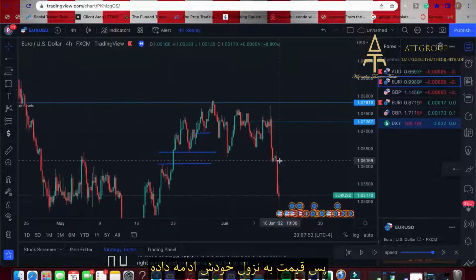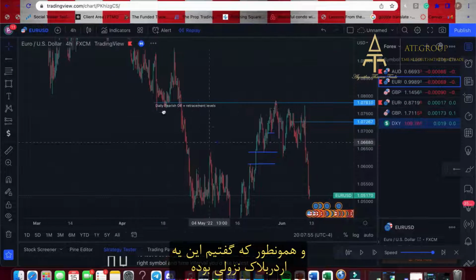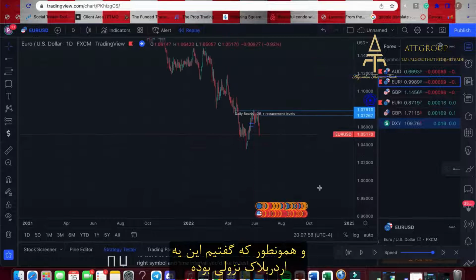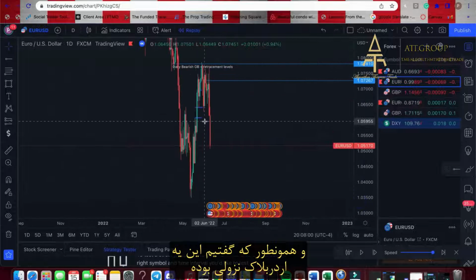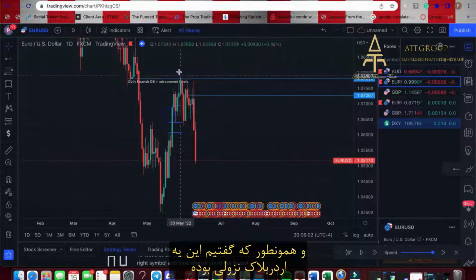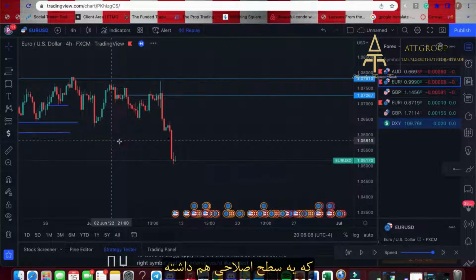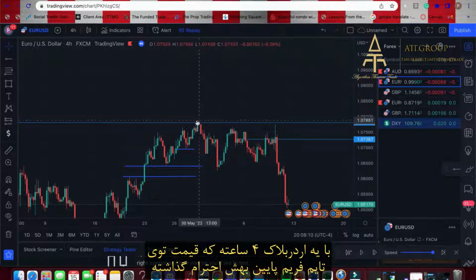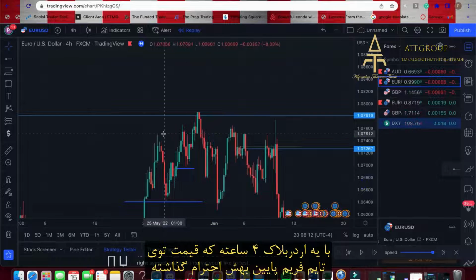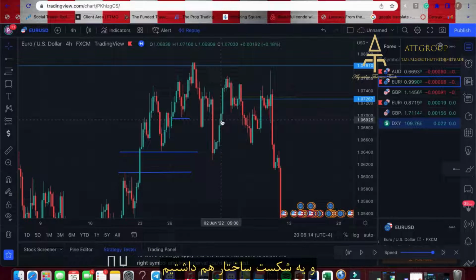Yeah, so price continued down, and as we mentioned, this was indeed a bearish order block with a retracement level, with a 4-hour block on the lower time frame being respected and a break of market structure.